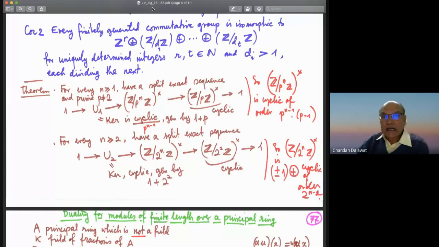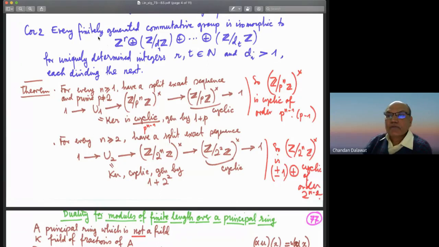So it says that any finitely generated commutative group is isomorphic to Z to the R, direct sum Z modulo D1, direct sum all the way up to Z modulo DT, for uniquely determined integers R and T, positive integers, where these Di's are strictly greater than 1, and each one divides the next.